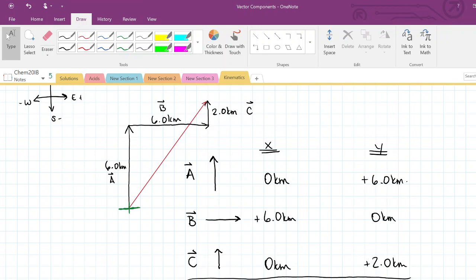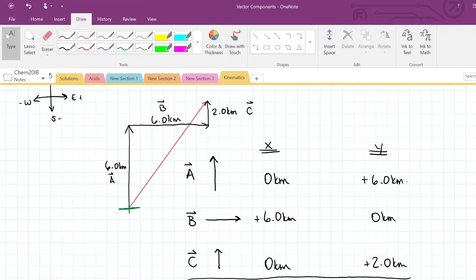This one is heading due north, which means it is right on top of the y-axis. And if it's right on top of the y-axis, that tells me there is no x component to this vector, which means it has a 0 x. So I'm going to put down 0 kilometers for x and 6 kilometers for y. And my arrow is pointing due north, which is positive, so I'm inserting my positive sign there.